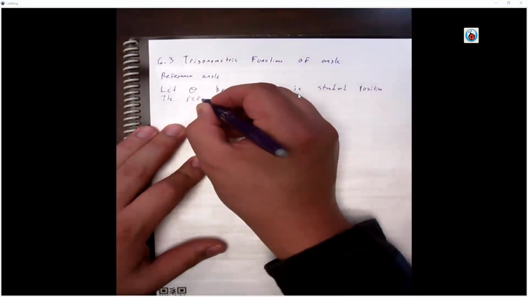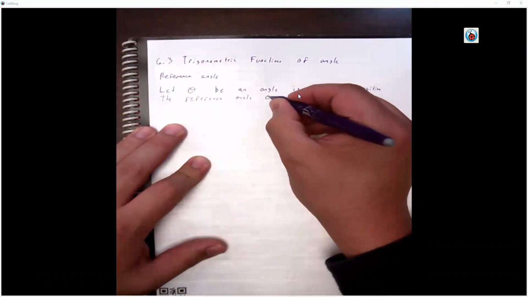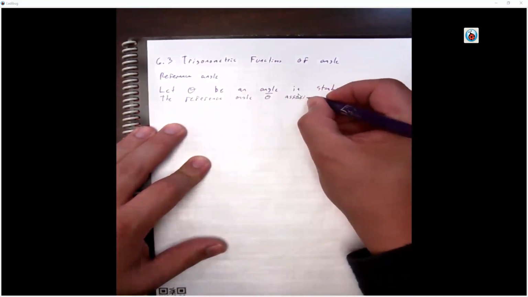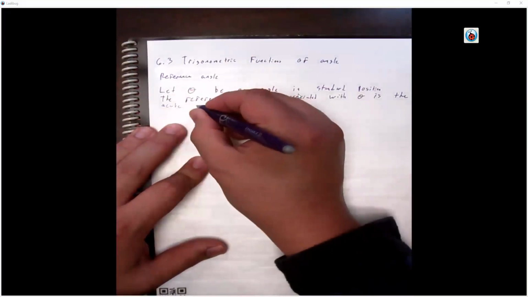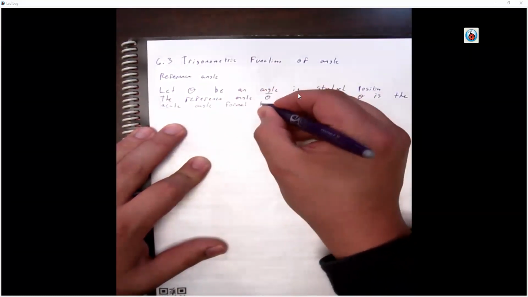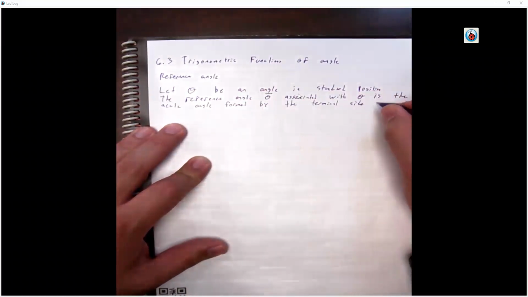The reference angle theta bar associated with theta is the acute angle formed by the terminal side of theta and the x-axis.